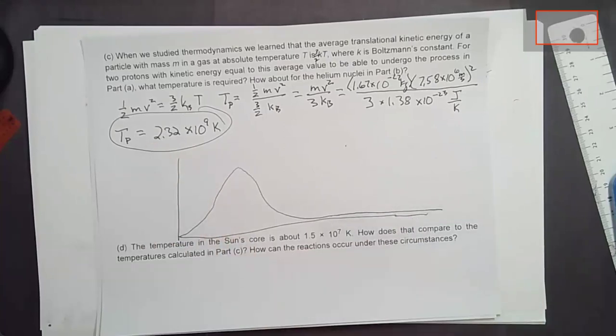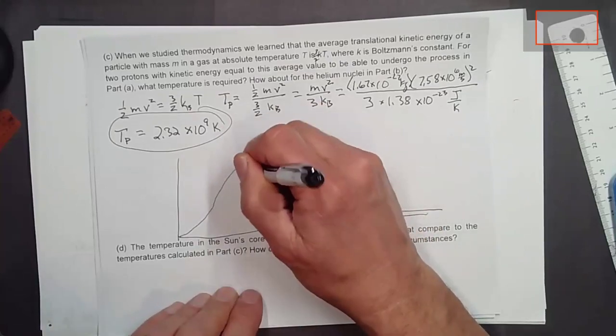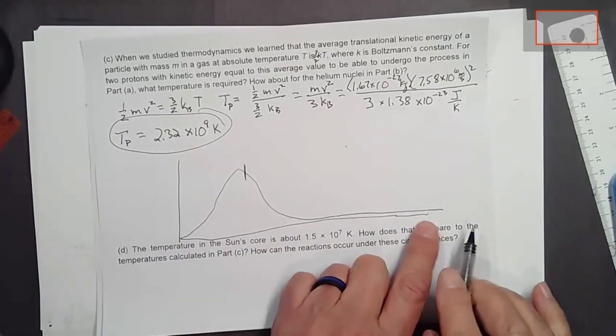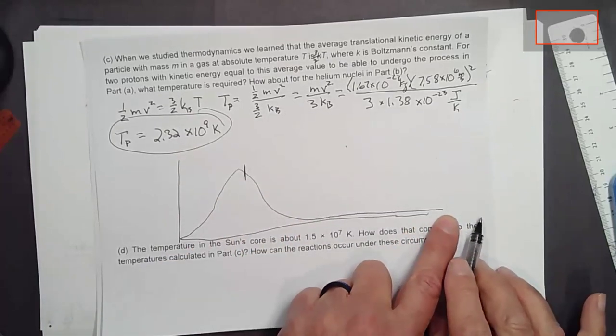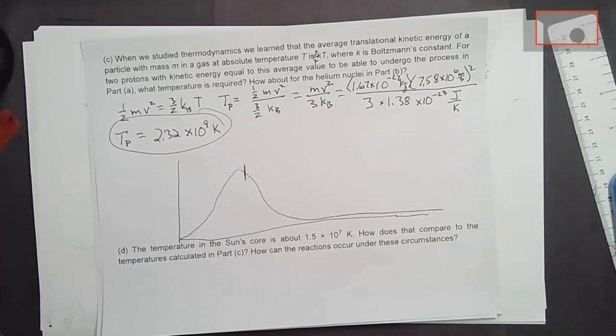So that's part of it, that you don't have to have the average particle, which is down here somewhere, doing it. You can have the ones that are way out at the extreme end of this thing doing it. And so that's part of it.